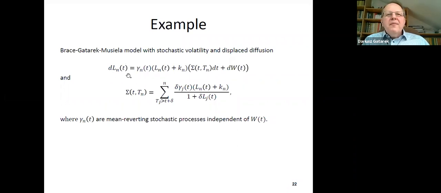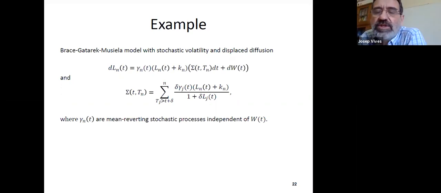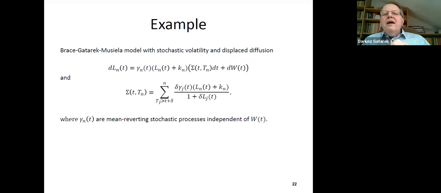And there is a question in the chat that maybe would be answered. It says, can we say your models look like a series of Black models for each Ln, as long as we deal with caplets? Yes. The exact answer is yes, and a bit approximate answer is we may extend it to swaptions.